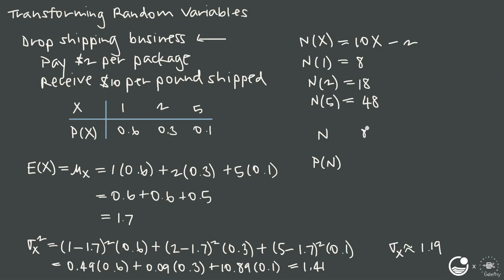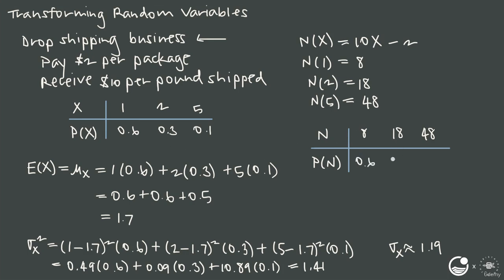And now we want to talk about the probability of each of these dollar amounts. And of course, those probabilities are still going to be the same. The manufacturer is sending us product. 60% of that product is still these 1-pound packages. So there's a 60% chance that we make $8.